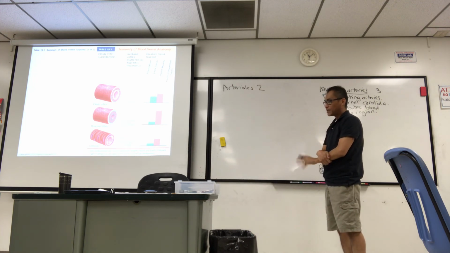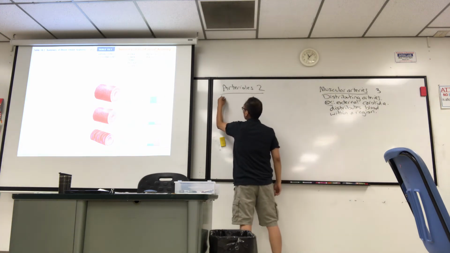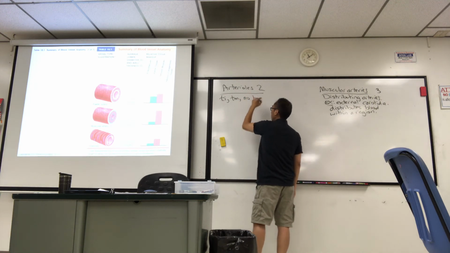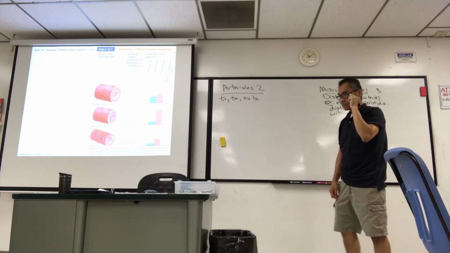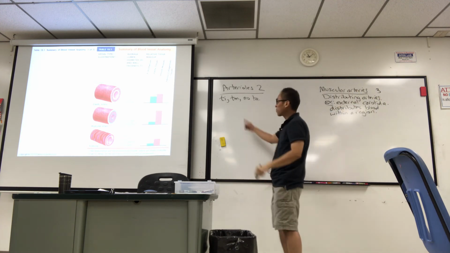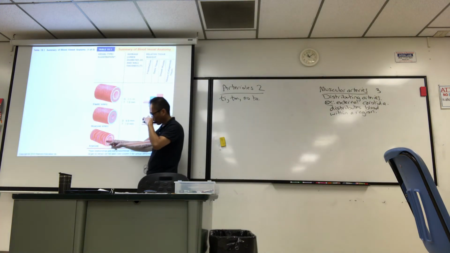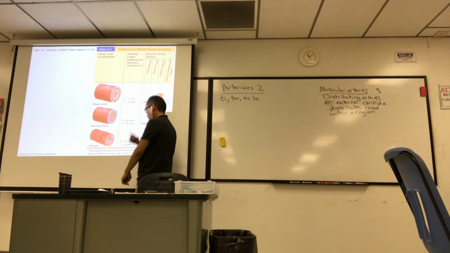Do they have TI, TM, no TA? TI, TM, no TA. That means the outermost layer is what? TM. The outermost TM. And look at the picture. What are they illustrating there? The outermost layer, you can see, those are all smooth muscles.